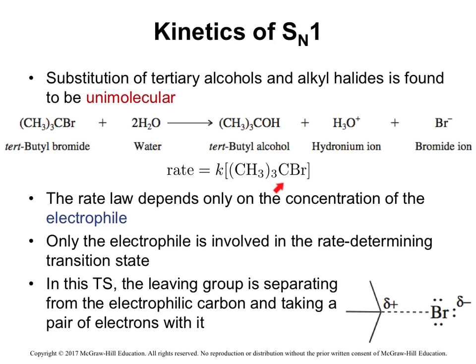Here, the rate's going to be due to the tertiary alkyl halide, which makes sense because that Br is what has to leave in the rate limiting step. Anytime that you're forming a carbocation, it's rate limiting. It's a slow step because they do not want to be positively charged. Okay. All right.